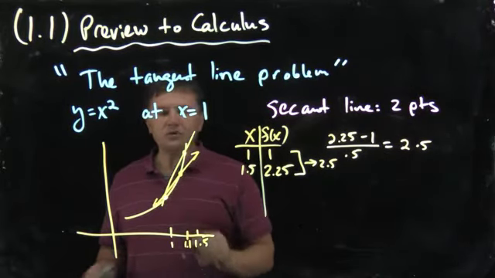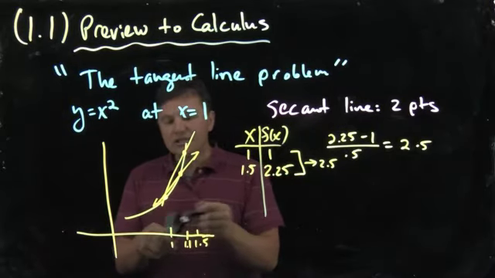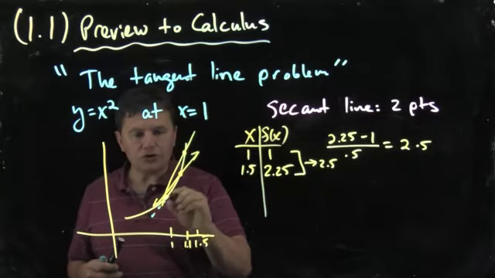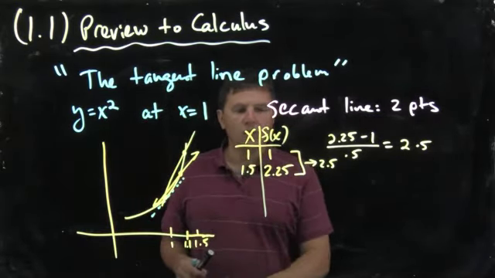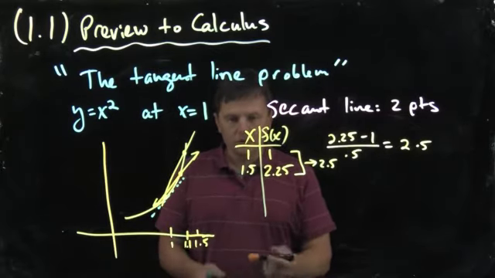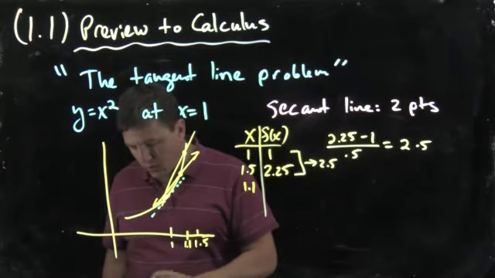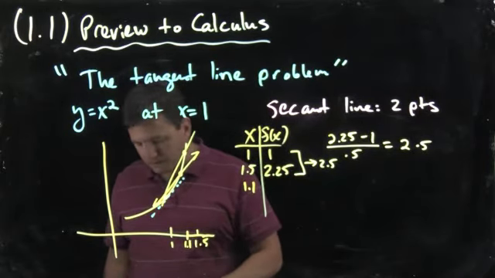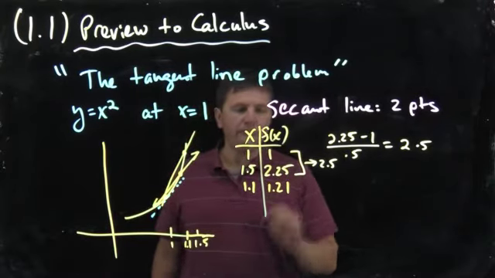Now, what you see here is this secant line is sort of getting closer to that original tangent line, if we sort of imagine that. So let's go ahead and do that with 1.1. Now we have 1.1 squared, and that's 1.21.